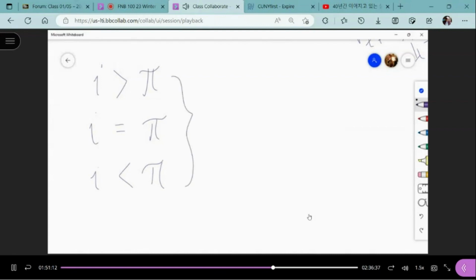And I'm not going to write it like this anymore, because this captures all three cases: interest rate being greater than, equal to, or less than inflation. But under all cases, one thing is for sure: inflation mitigates interest. Makes sense?